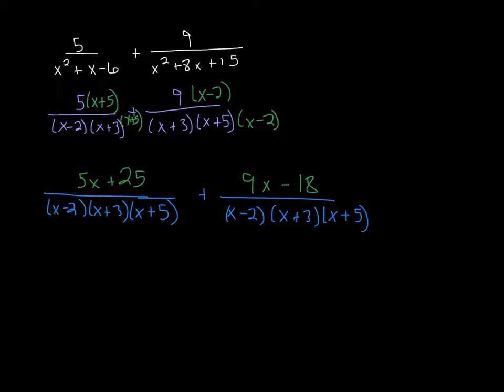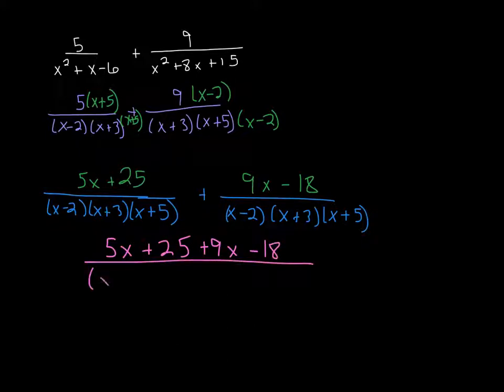Okay, now we're ready to add our numerators. So 5x plus 25 plus 9x minus 18 all over x minus 2, x plus 3, and x plus 5.